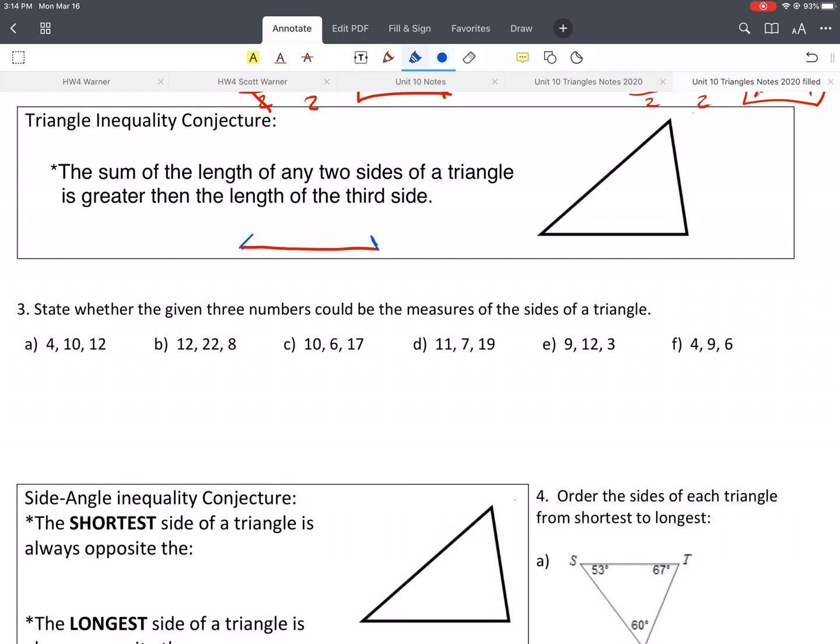So the sum of the lengths of any 2 sides of a triangle, if you add them, has to be greater than the 3rd side.